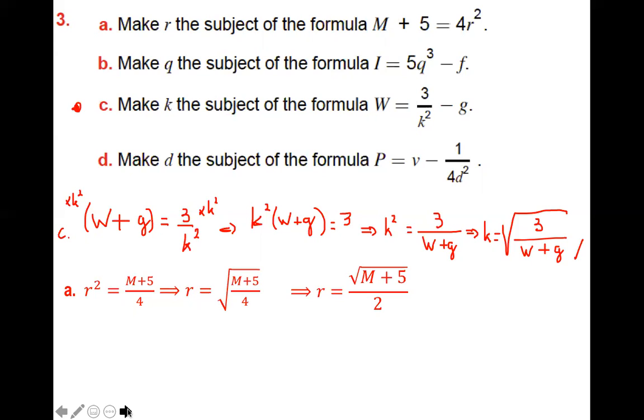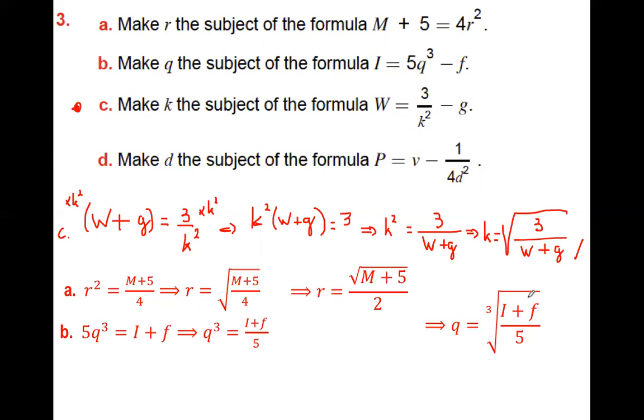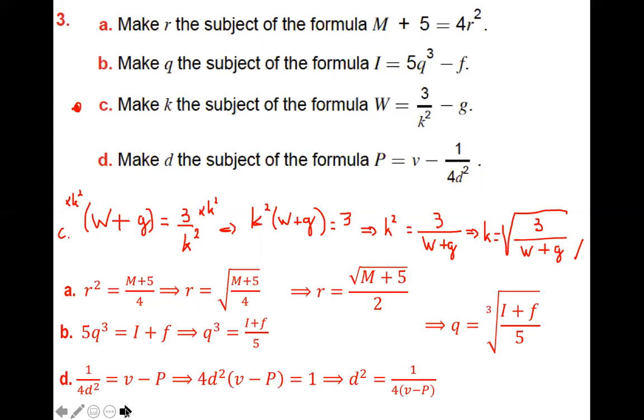Next one, make q the subject. Get rid of the negative f, which is plus f, then divide by 5, and then just take the cube root of q plus f divided by 5. And for d, they've asked us to make d the subject. So what you could do on this one is, first of all, have 1 over 4d squared equals v minus p.